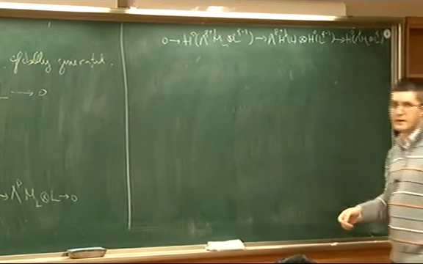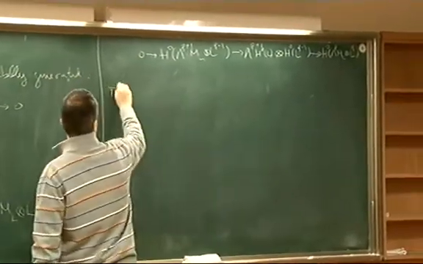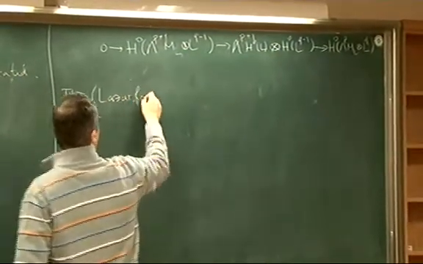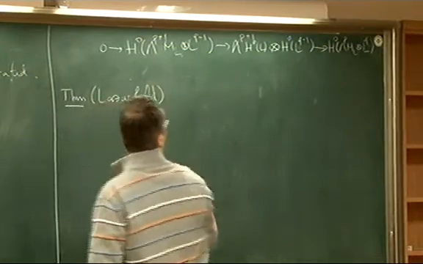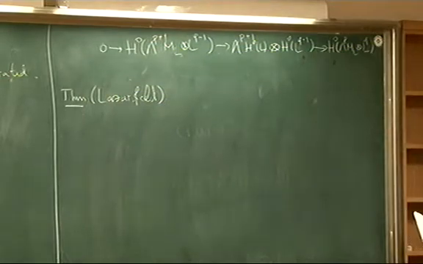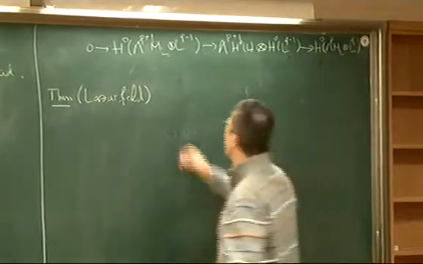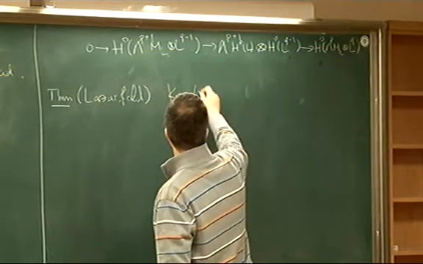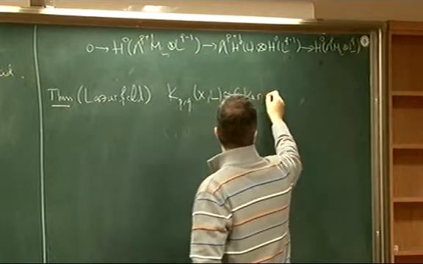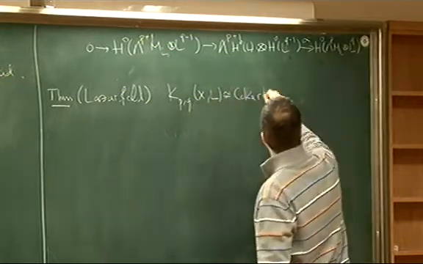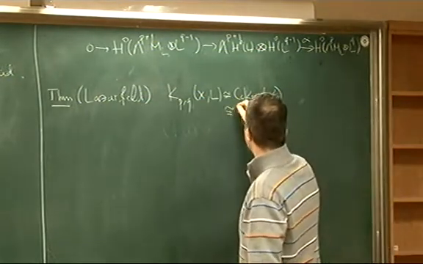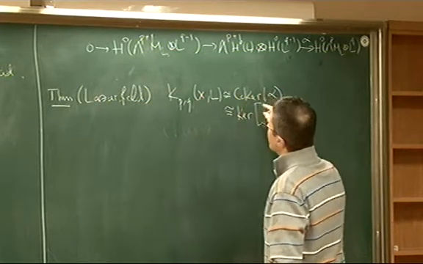It will continue with H^1s, and the result proved by Lazarsfeld is that if we look at the co-kernel of this map, that's just Koszul cohomology. So K_{p,q}(X,L) is isomorphic to the co-kernel of, let me call this alpha just to be shorter, which is of course isomorphic to the kernel of what's coming next.